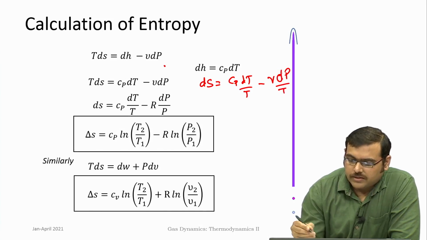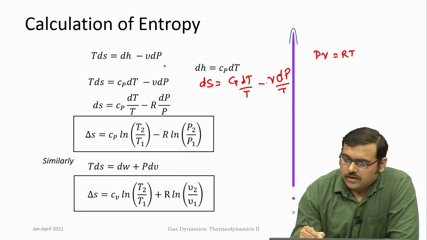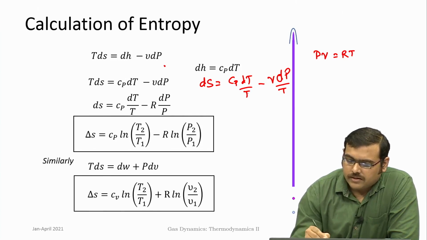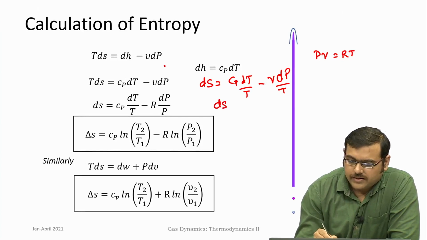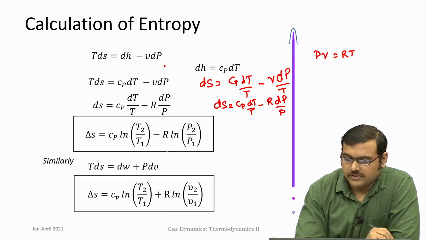Now you can use the perfect gas law, PV equal to RT, to write V by T in terms of R by P. So you get dS equal to Cp dT by T minus R dP by P. Now it is a matter of integration of this equation.